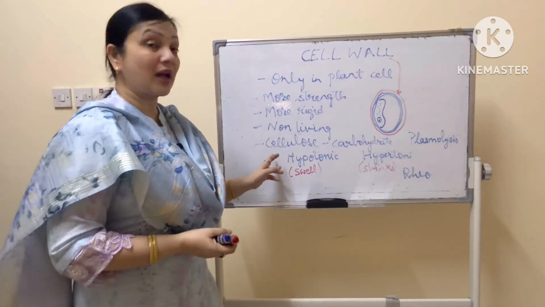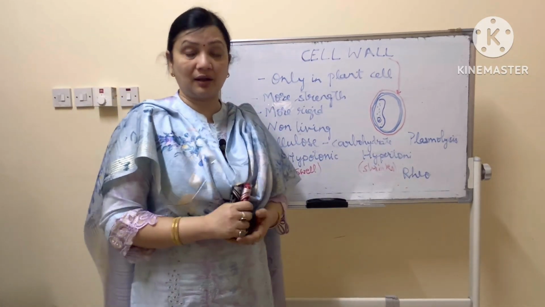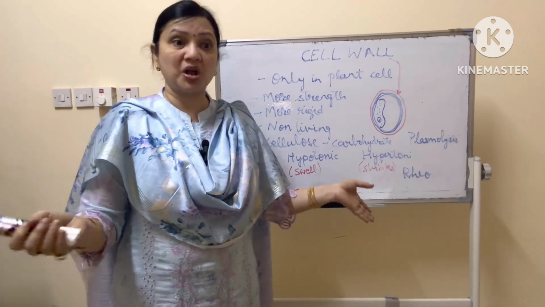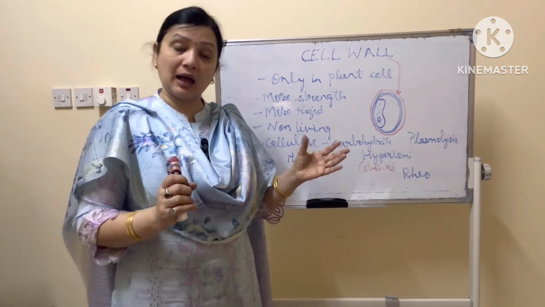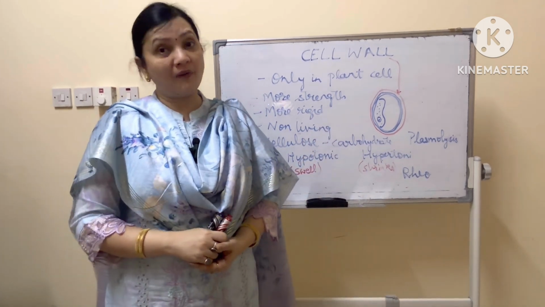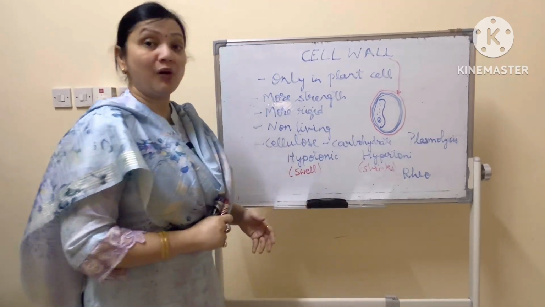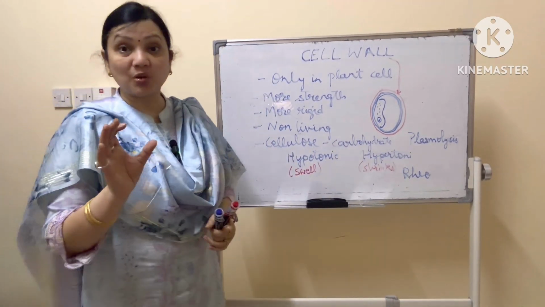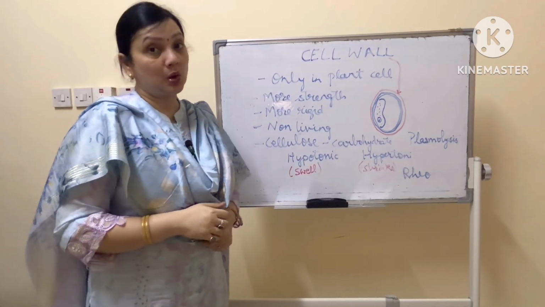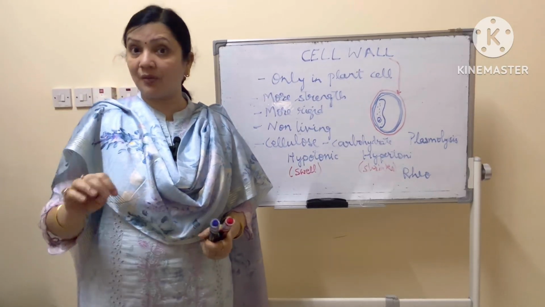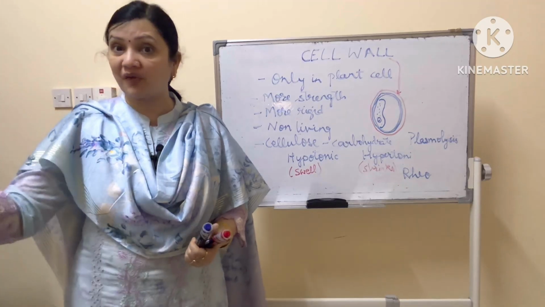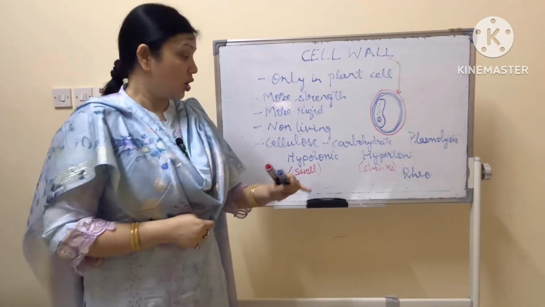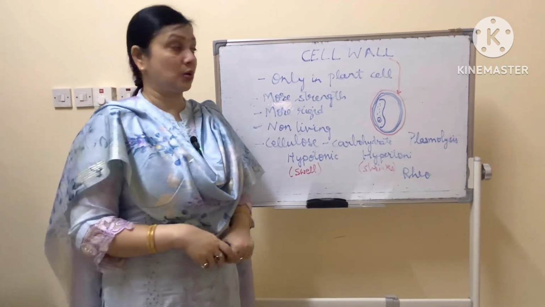Now what happens when a hypotonic solution is there? When water is too much and the contents inside the cell have more solute, then what will happen? The cell will swell up. But there has to be a limit to how much water you take in. Like you can drink, but you know that we don't have to drink 5 glasses of water at once. The same thing happens in the cell also.